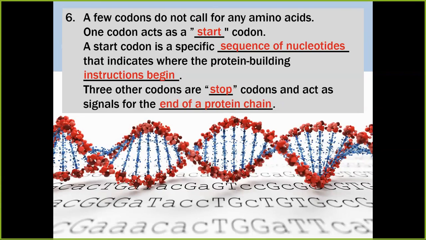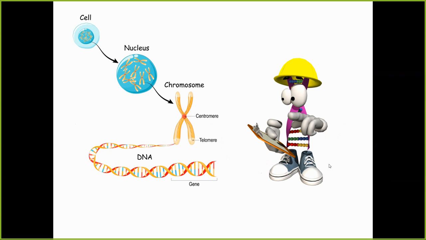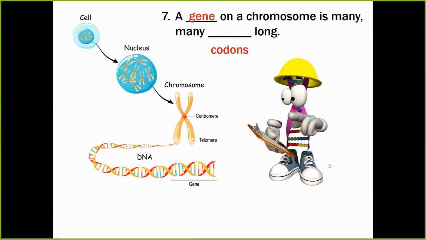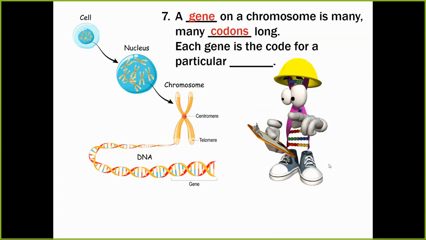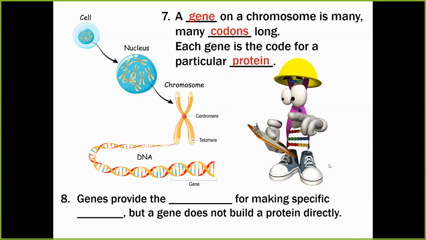All right, so we are now at number 7 in the notes at the bottom of the first page. So a gene on a chromosome is many codons long. Remember, a codon is a grouping of 3: ATT, CGG, whatever, right?